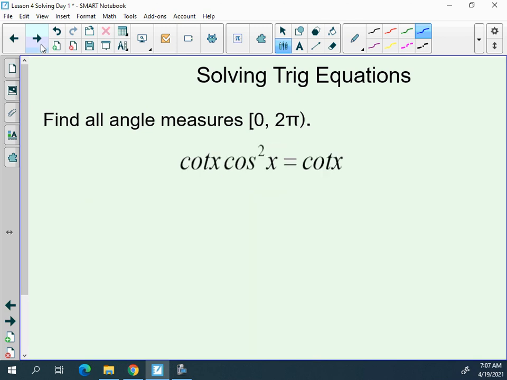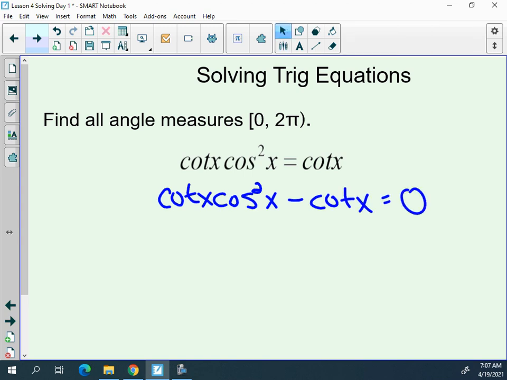All right, let's take a look at the next one. So we have cotangent x cosine squared x equals cotangent x. Let's get everything on the same side first. So we'll have cotangent x cosine squared x minus cotangent x equals 0.